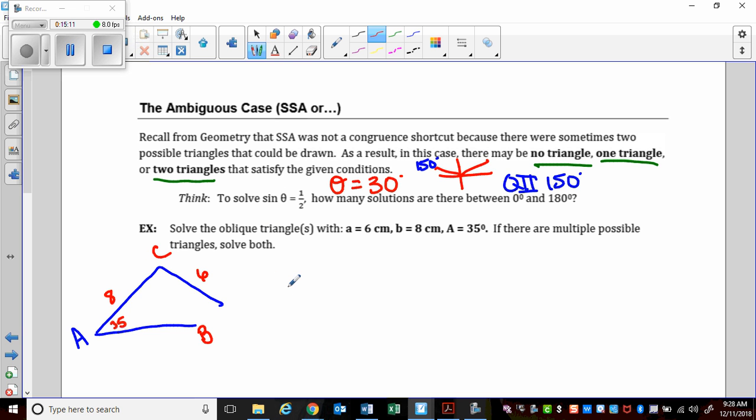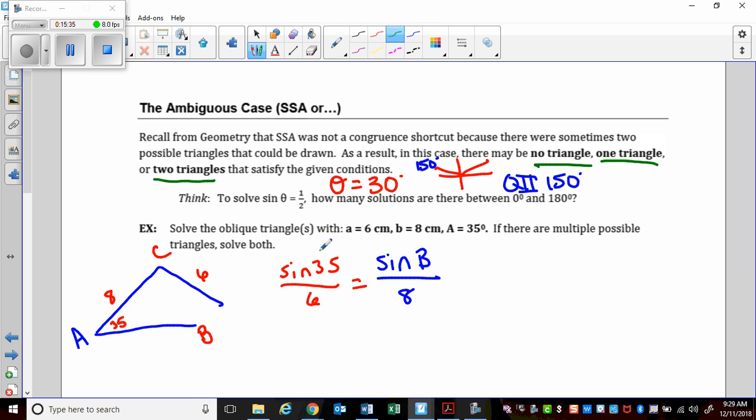So I know that I can use my ratio. I know sine of 35 over 6 can equal, well, we don't know angle B or angle C, so I can't find them. So let's do sine of angle B over b, which is 8. And let's solve this.